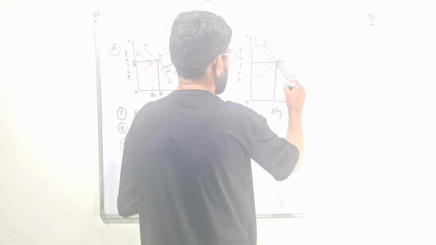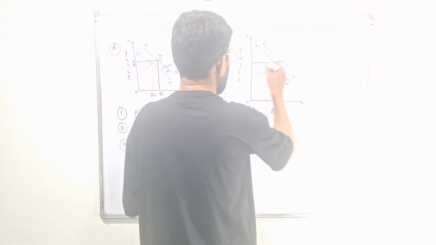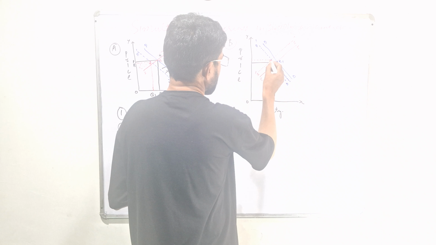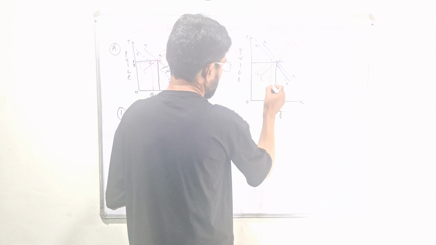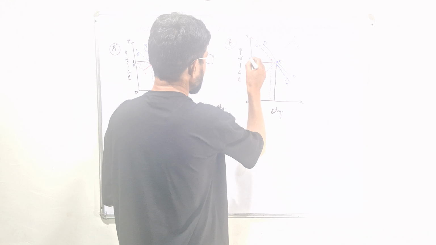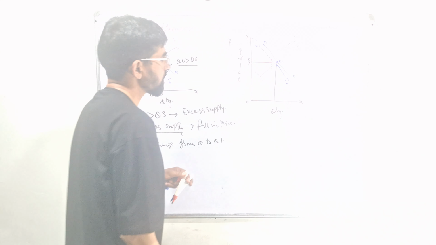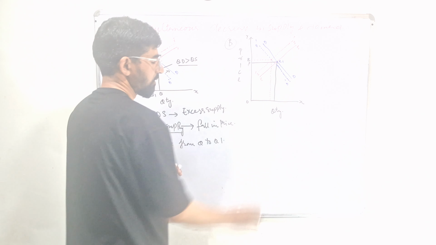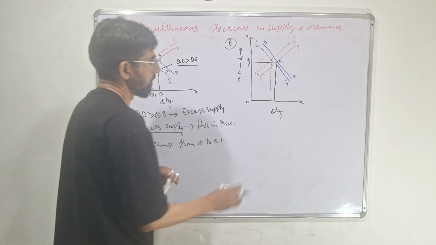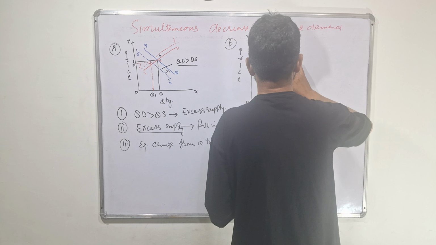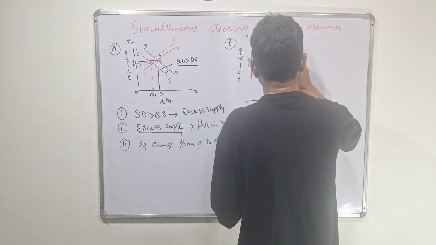This is D dash, this was S dash, and this is the original S. This shows us the original P and the new price P1, and the price and quantity. Both quantity supplied and quantity demanded are equal. They are equal in area.